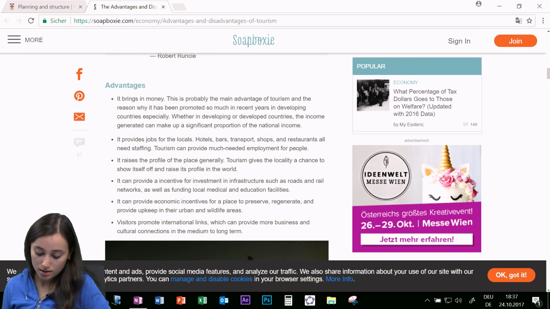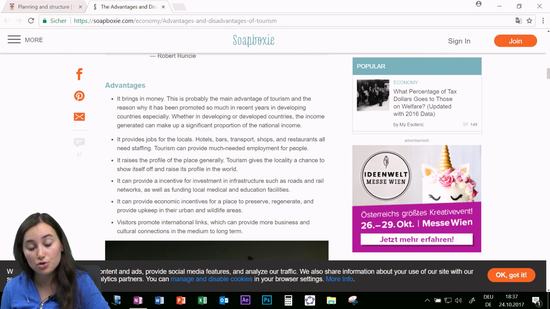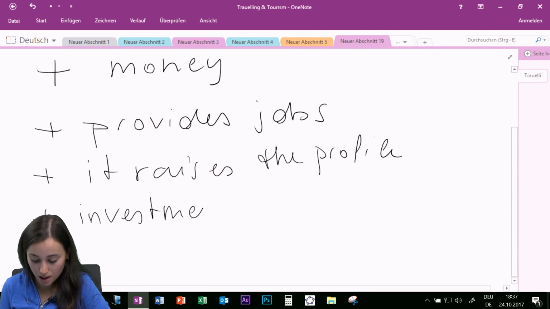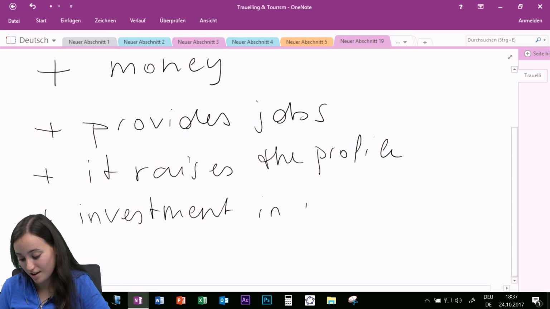It provides a chance for investment in infrastructure.